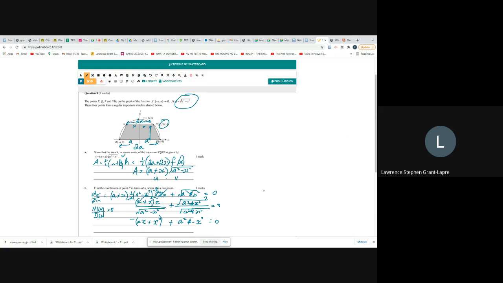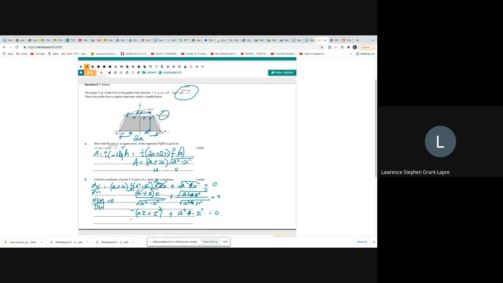ax, x squared, ax, a squared, ax. Okay. So here we have negative 2x squared, negative 2x squared, a minus ax and a positive x a squared equals 0.